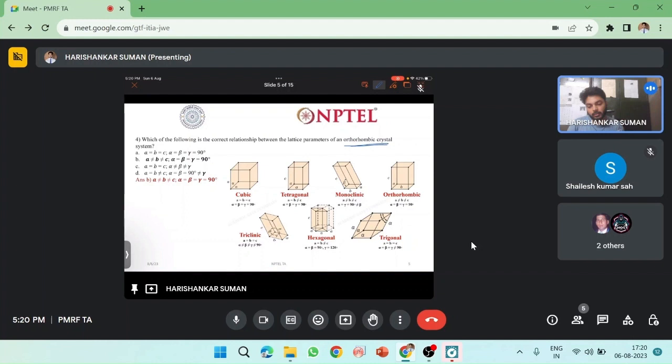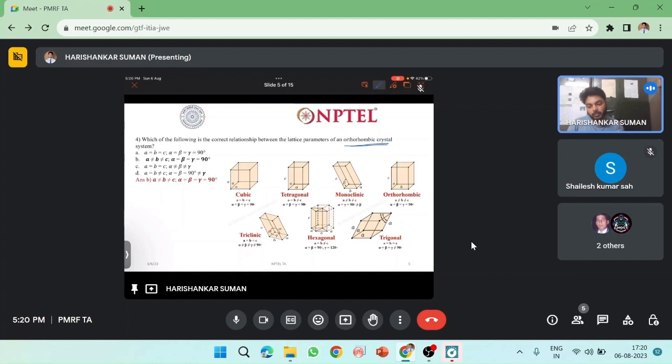Is this right or wrong? Please type in the chat box yes or no. Yes, it is right. Okay, thank you. So the system is important for this relation. If the question says your system is, let's say, orthorhombic, first verify alpha, beta, gamma.